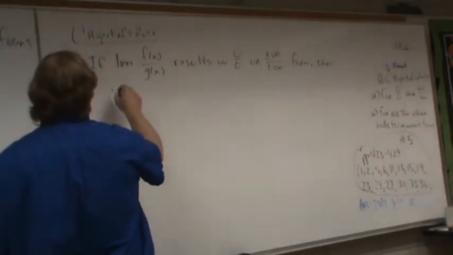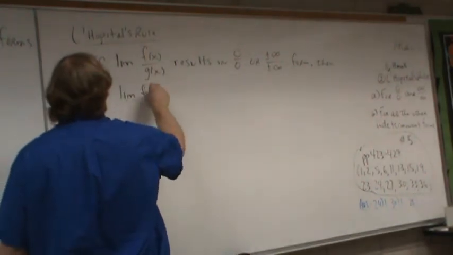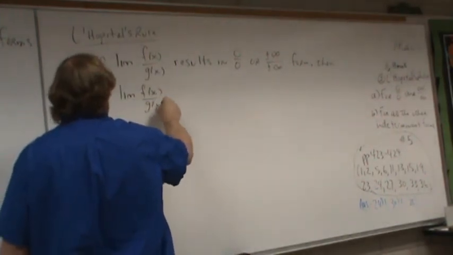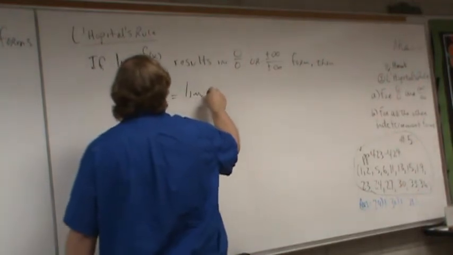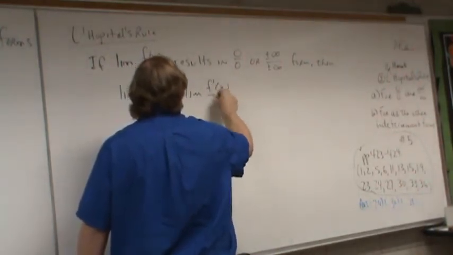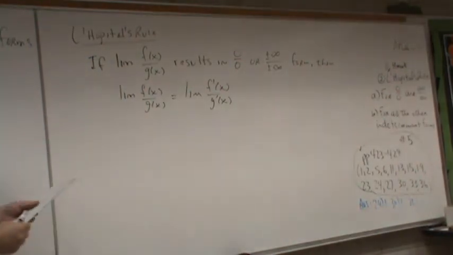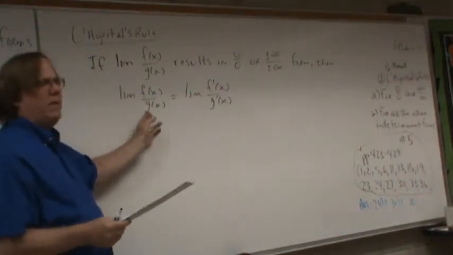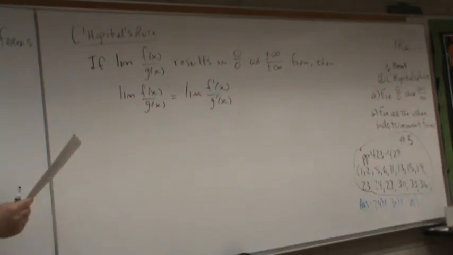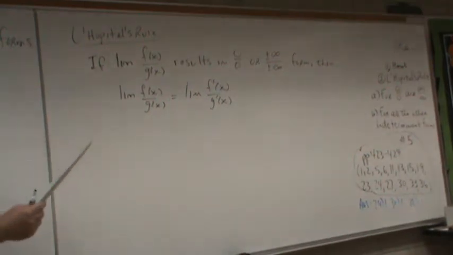I get to do this. Then the limit of f of x over g of x ends up equaling the limit of f prime of x over g prime of x. That is, we get to just take the derivative of the top and the derivative of the bottom, and then we plug it in again.